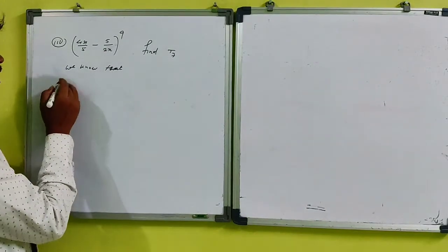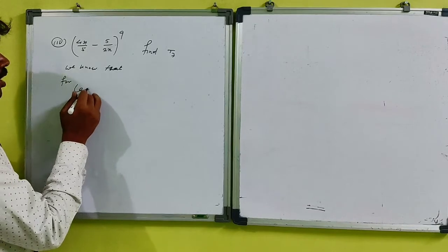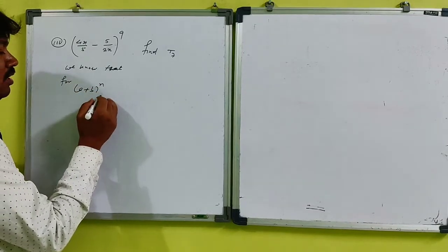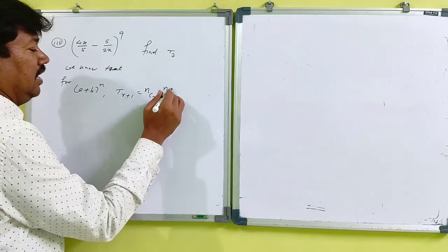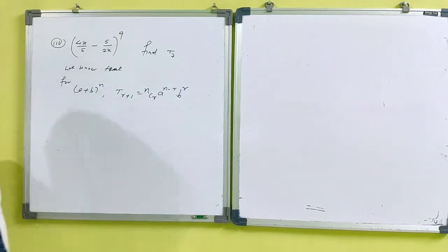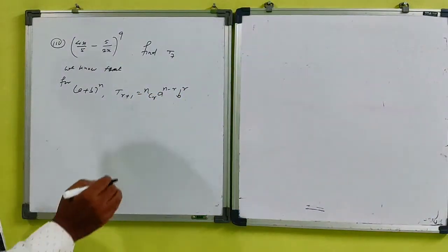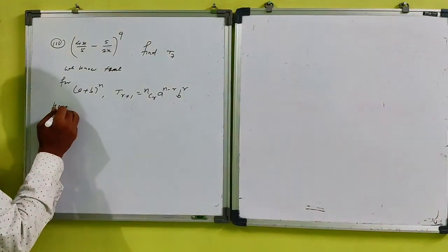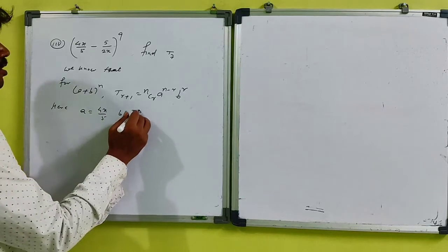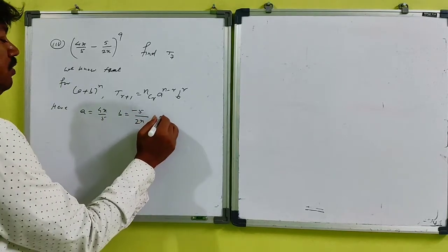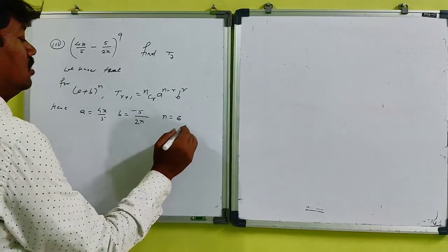So here we know that for (a + b) raised to n, T(r+1) is nCr a raised to (n − r) into b raised to r. Here a is 4x upon 5, b is minus 5 upon 2x, and n is equal to 9.